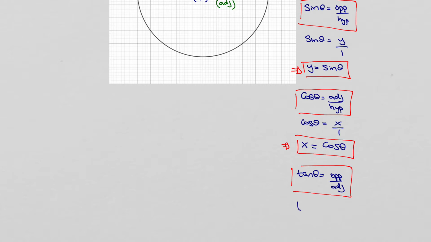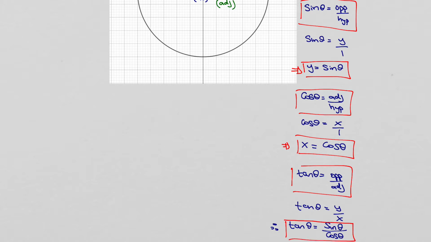But of course, y is sine theta and x is cos theta. So we have our first relationship there, that tan can always be found by dividing sine theta by cos theta.